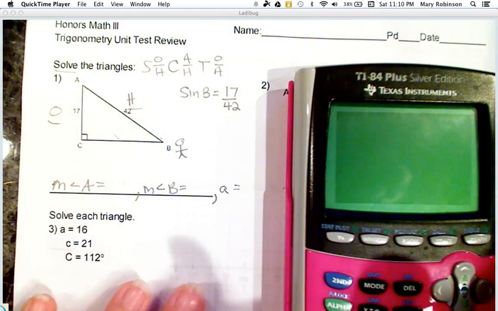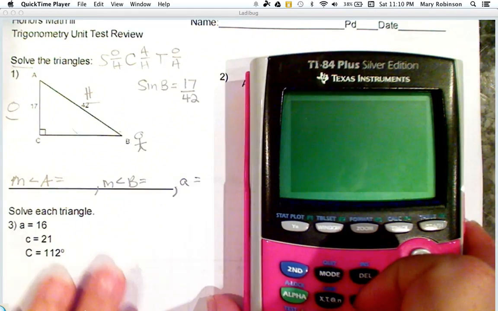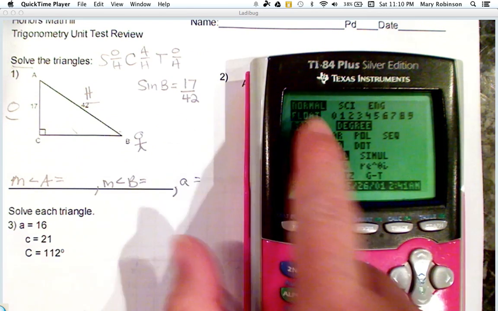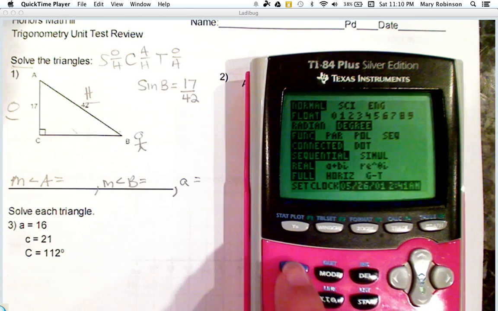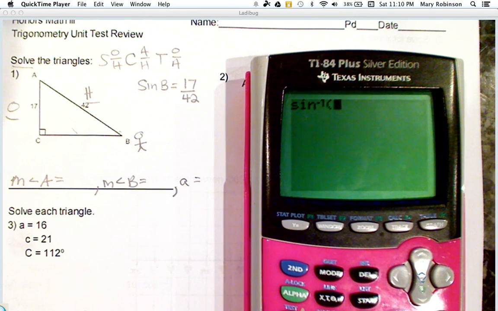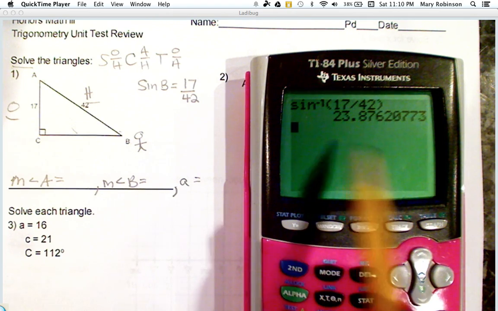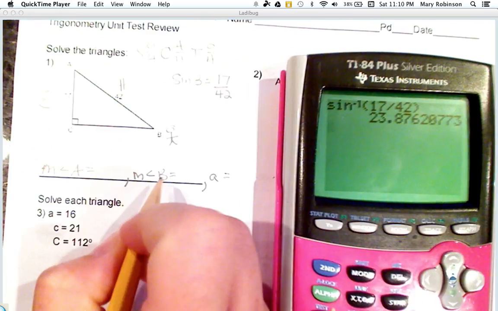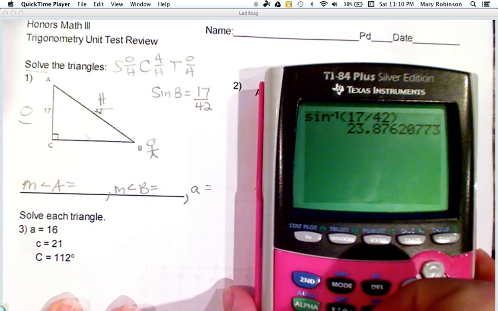Remember that when we need to find an angle measure, we have to do inverse sine in our calculator. We'll want to hit mode and make sure we are first in degree mode, and we are. So I simply type in inverse sine of 17 divided by 42, hit enter, and approximate to the tenths place. The measure of angle B is 23.9 degrees.